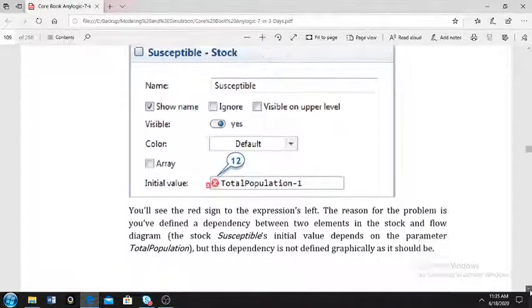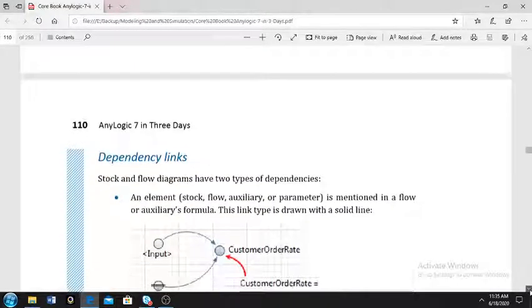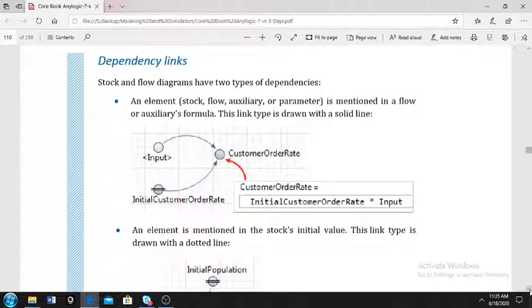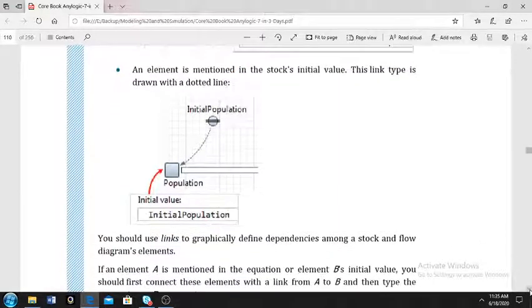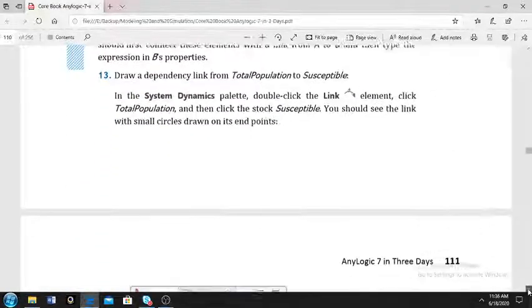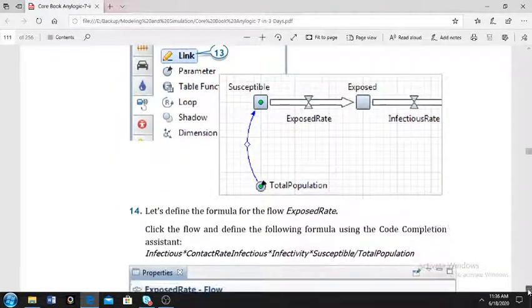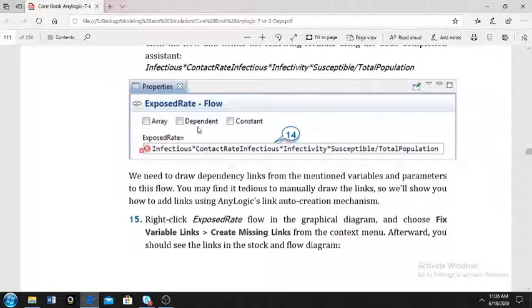So it takes you click after click. You just need to follow the initial population. The initial population is a constant. We have links, and it shows you step by step the infection rate.